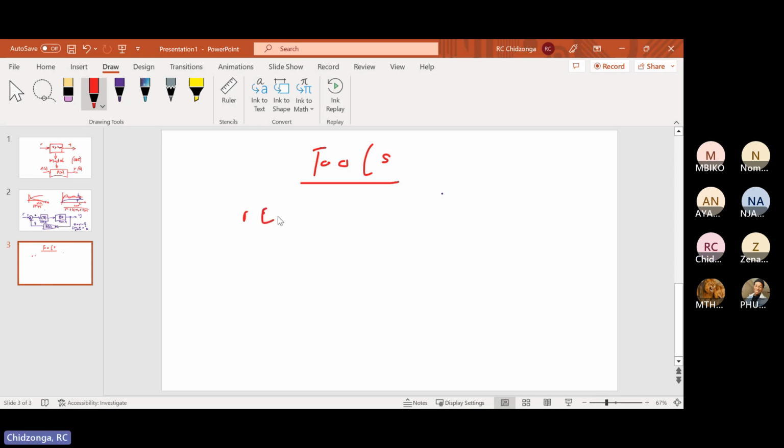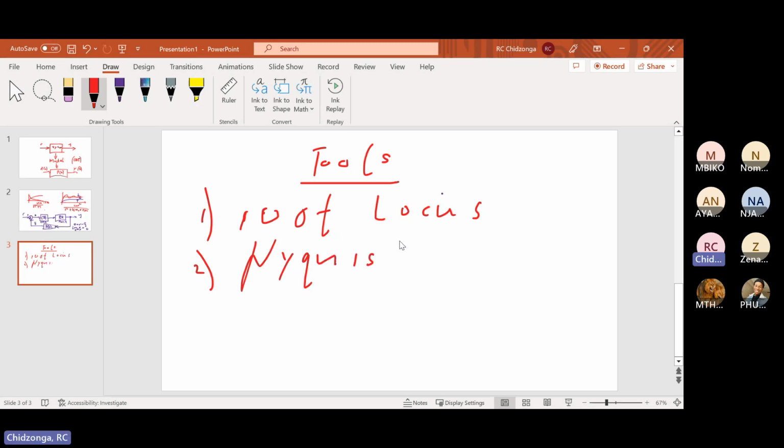Sorry, my handwriting, I'm using a mouse, is not the most beautiful. Root locus. Two, we have seen the Nyquist. This is a tool which we use for analysis and design. We have seen three, the Bode.